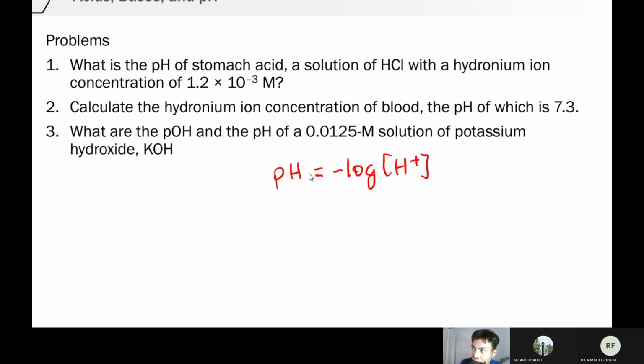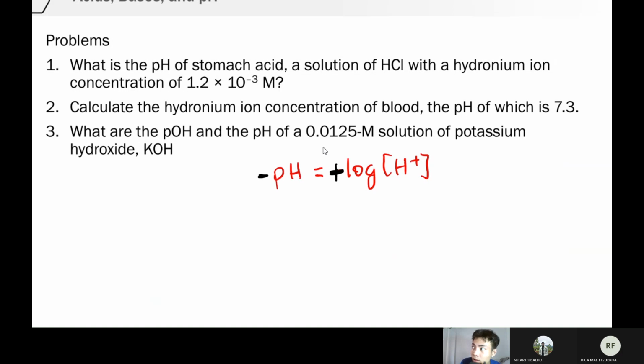Okay? So, ang una mo daw gagawin using this equation, you multiply them both sides by -1 so that yung negative mapupunta na dito sa pH. So, yung log magiging positive na. Okay, para ma-cancel mo yung log, kailangan gawin mo siyang exponent.